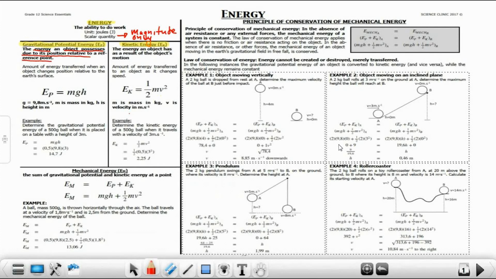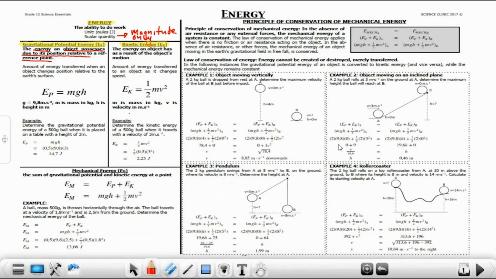So we understand it as the energy an object possesses due to its position relative to a reference point. So there are two key things there. One, the object possesses it due to its position, but for that position there has to be a certain specific reference point.